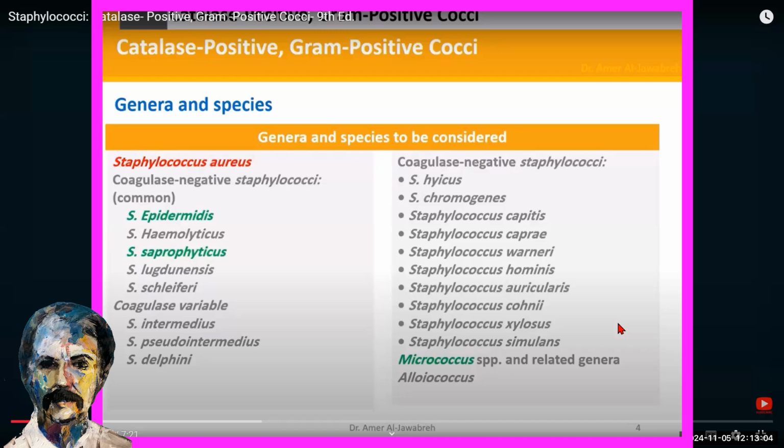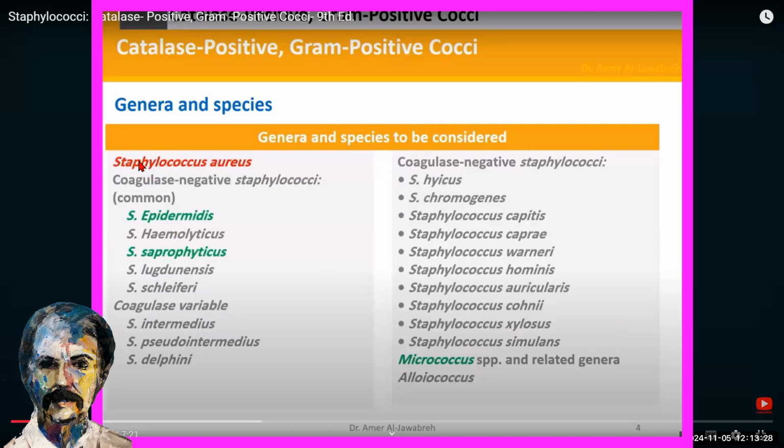We call it Staphylococcus aureus. This is coagulase positive, catalase positive. When you make a gram stain, it's gram positive. It is cocci. You make catalase, it's positive. Then after this, you make coagulase, it's positive. So this is very common and coagulase positive.